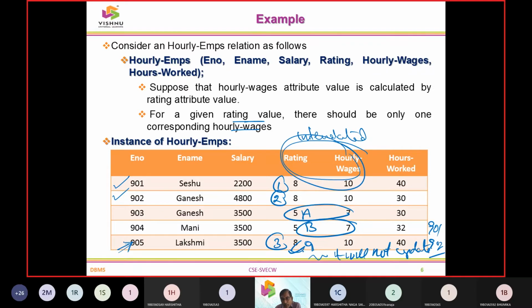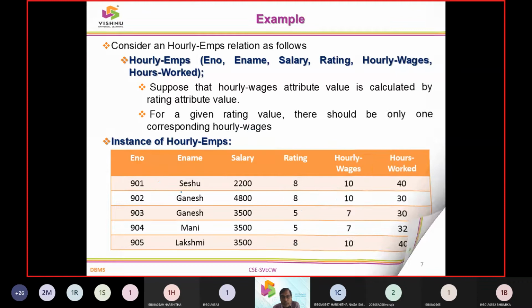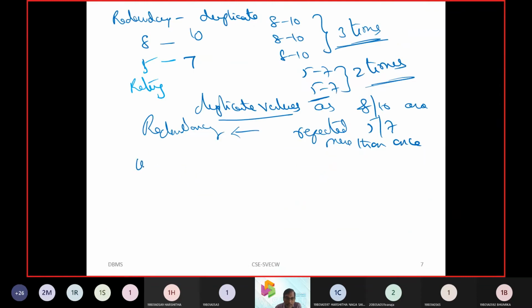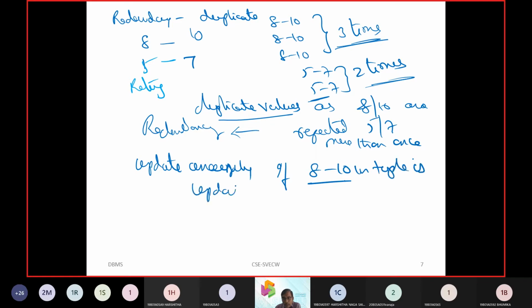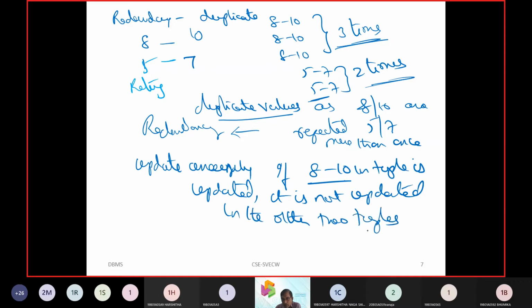But if I update one tuple, it is not updating the other tuples, which leads to a word called update anomaly.